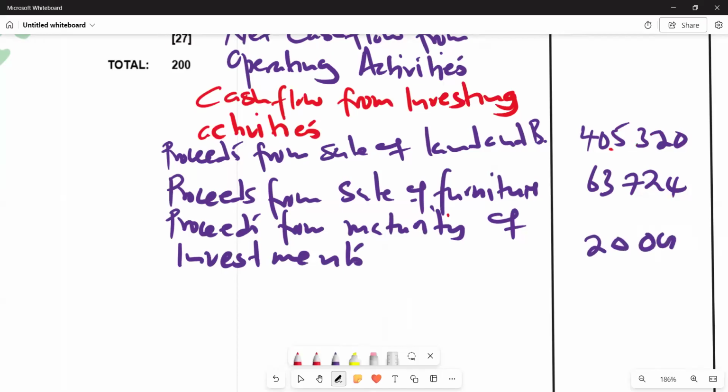It's also an inflow. So this is what we can now add. That is, we add 63,724.